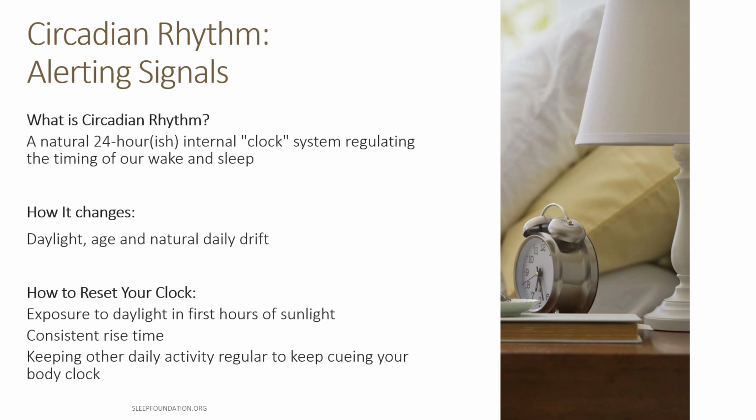There are a number of factors that influence that internal clock of ours, light being one of the main ones. Light influences our circadian rhythm in ways that can be both helpful or unhelpful. Exposure to daylight in morning hours is a very helpful signal to our circadian rhythm and helps regulate it, while the opposite is also the case: light exposure in evenings disrupts our rhythm, especially with things like screens which emit blue light.